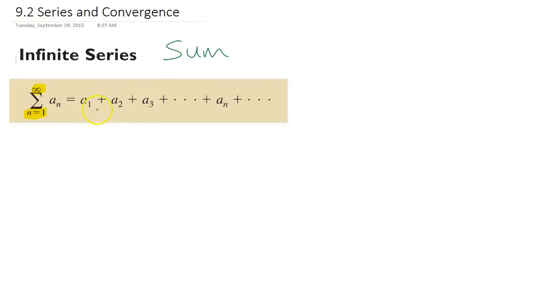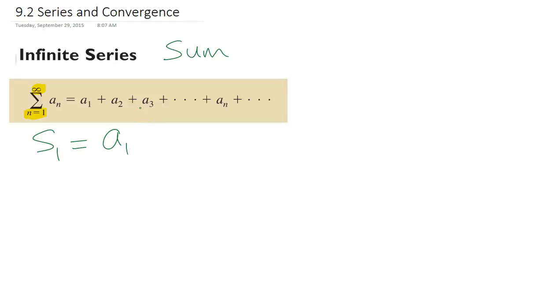Okay guys, in an infinite series, we will start with a1, the first term, and go all the way to an and go beyond an. Okay, so what is S1? S1 is the sum of the first term, in other words, the first term itself.